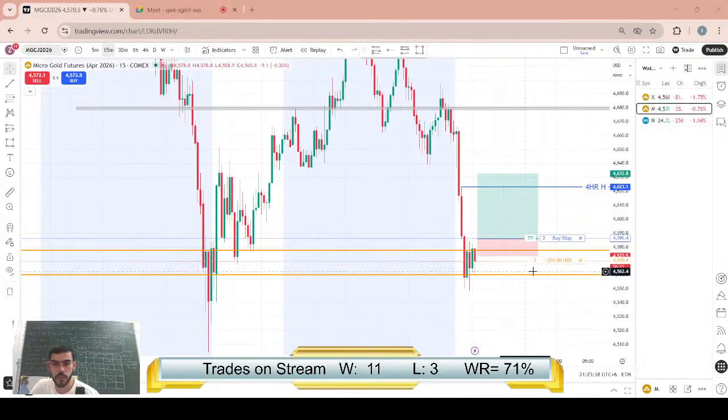Okay, so is it going to break? There are 7 minutes left for the 30-minute candle, which is also good. If the 30-minute candle could close bullish, I think it will be nice as well.